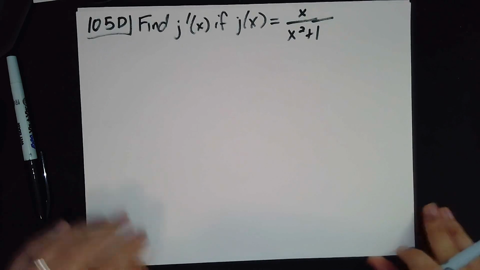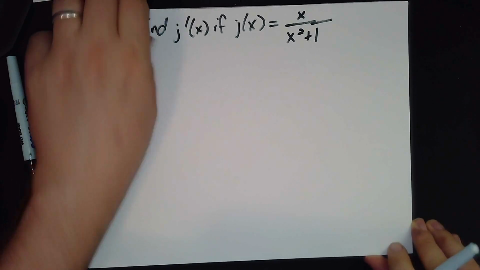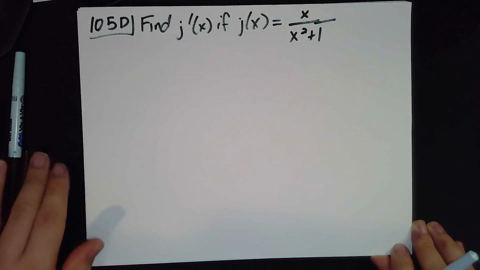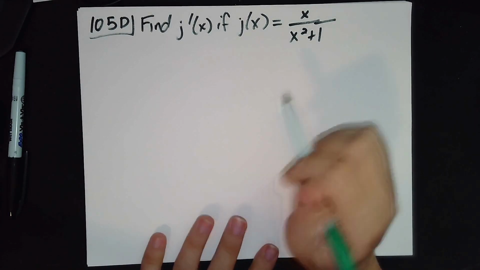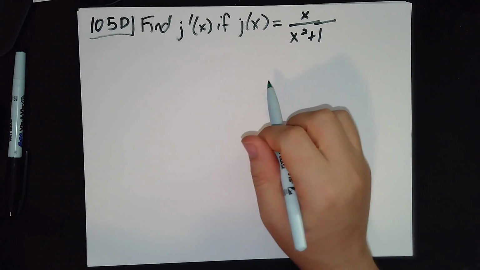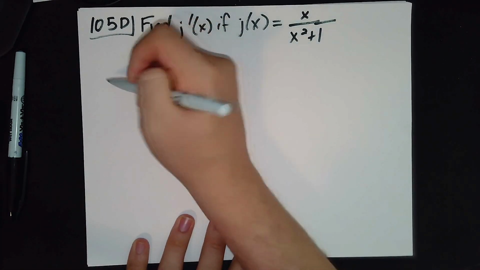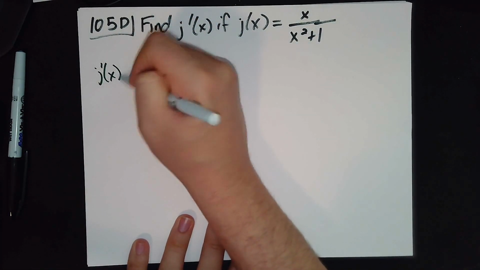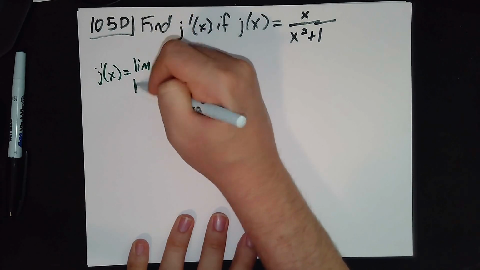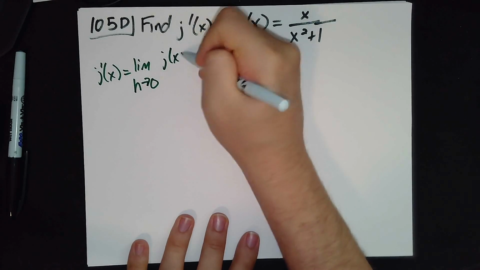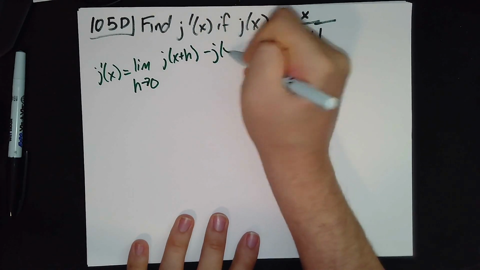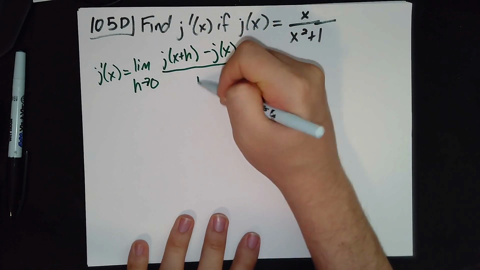Okay, very similar question next in terms of what it is going to ask us to do algebraically. So same question of find the derivative. If I go to look at that, my j prime of x is going to be the limit as h goes to 0 of j of x plus h minus j of x divided by h.